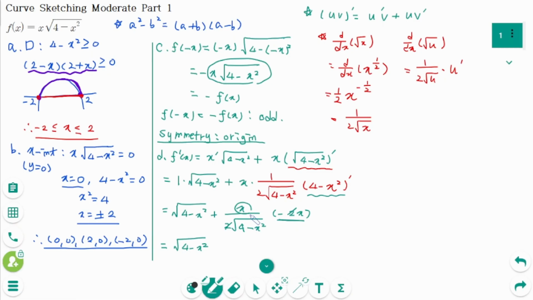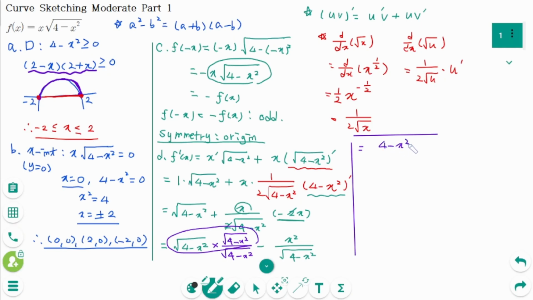Minus x times x is minus x squared over the square root of 4 minus x squared. Then multiply the first term by square root of 4 minus x squared over square root of 4 minus x squared and put it together: 4 minus x squared over the square root of 4 minus x squared, minus x squared over the square root of 4 minus x squared. Then 4 minus 2x squared over the square root of 4 minus x squared.